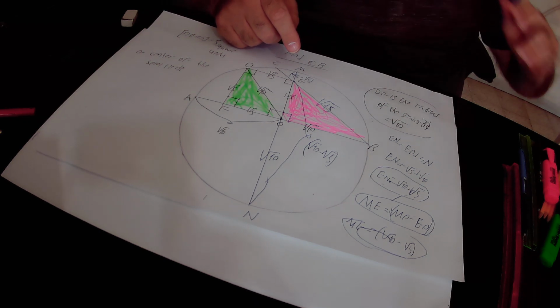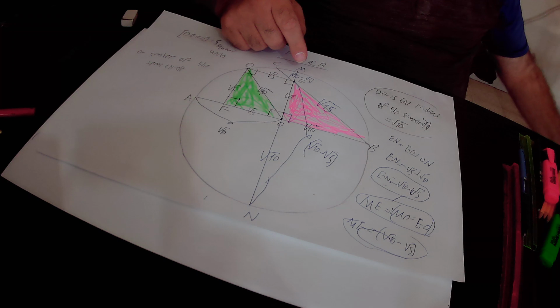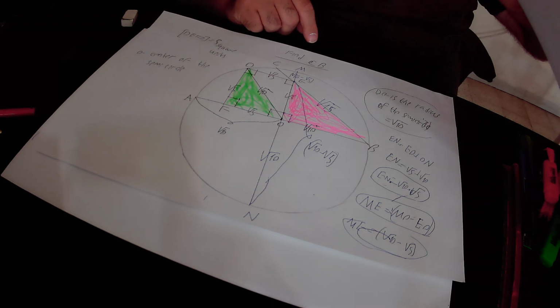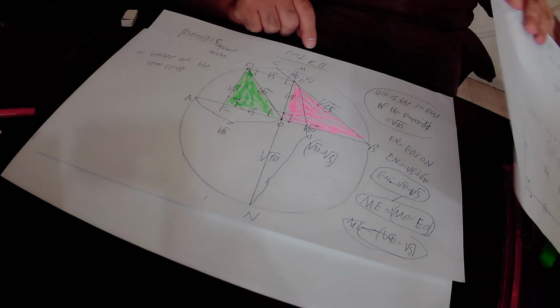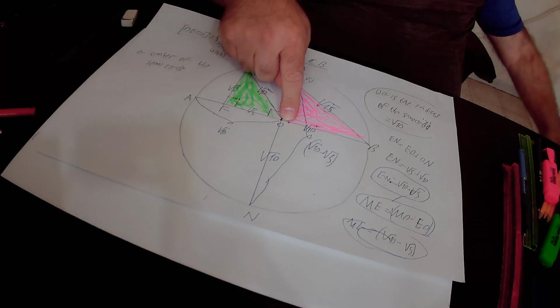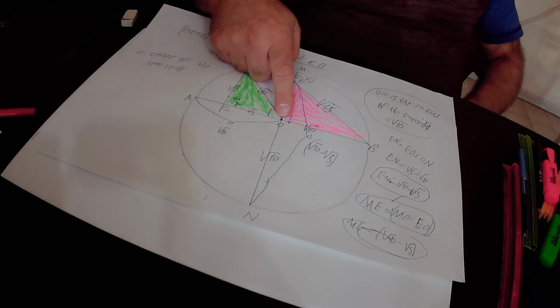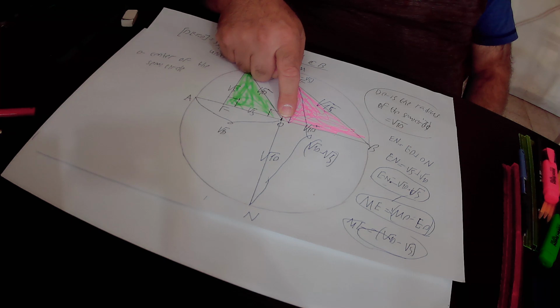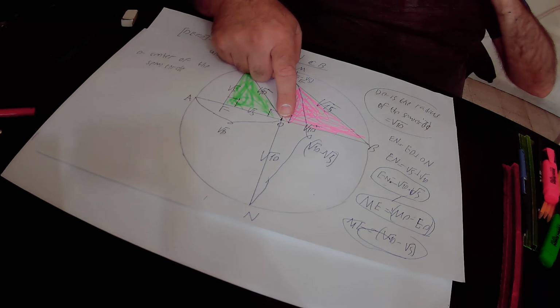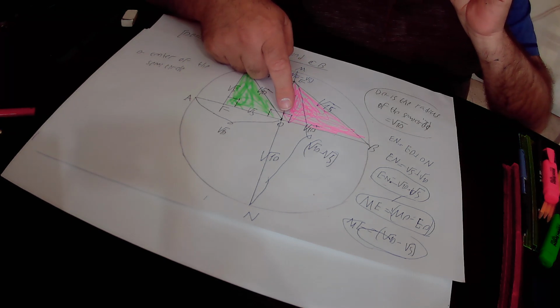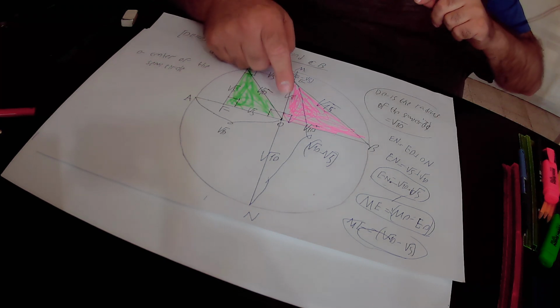In total, the sum of those two angles must be equal to 180 degrees according to rule number 1.